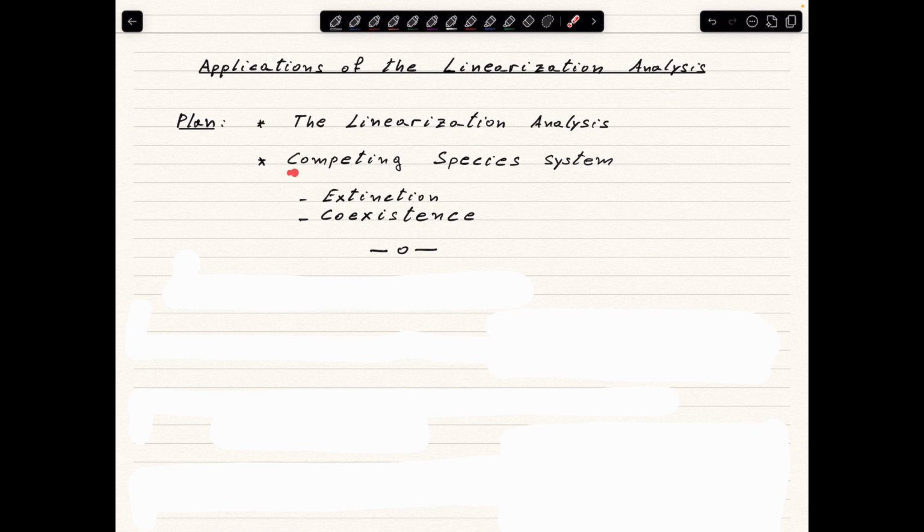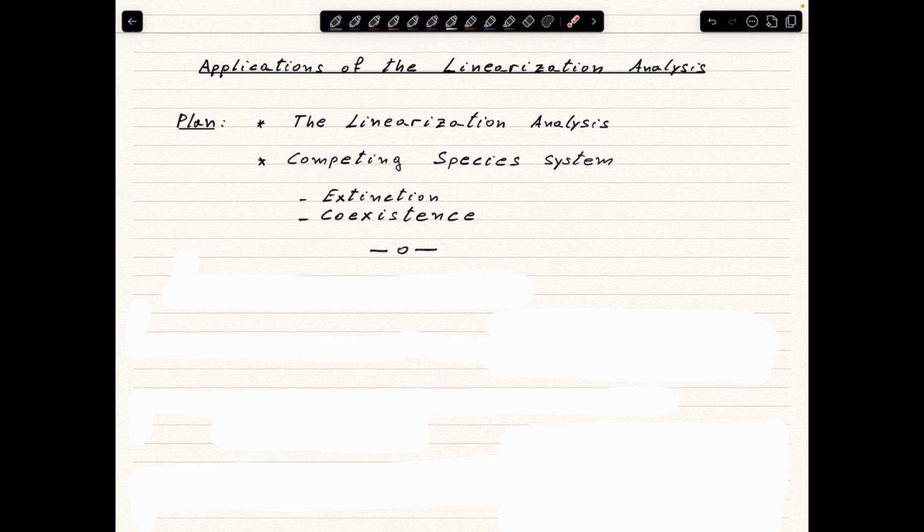Then we are going to introduce the competing species for both infinite and finite food resources, and then we are going to solve a couple of examples that have a different description of what happens in the system. In one example we are going to see that the system predicts the extinction of one of the species, and in the other example the system predicts the coexistence of both species. So that's the plan for today.